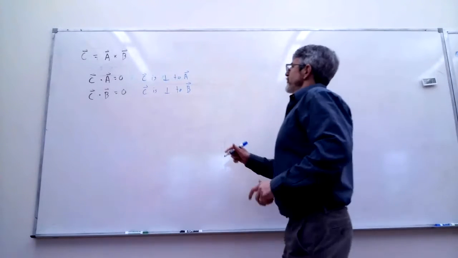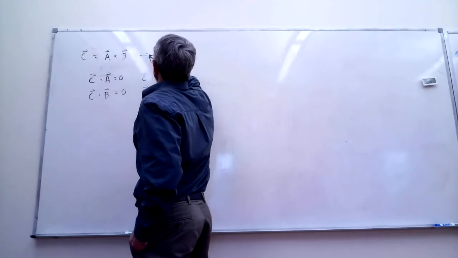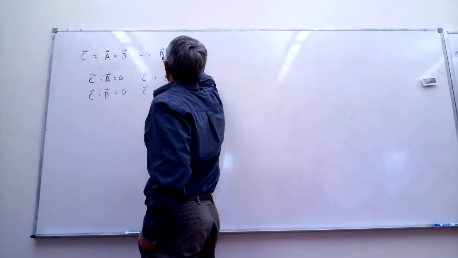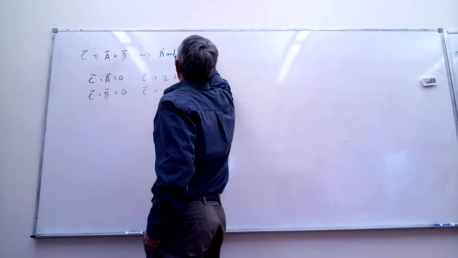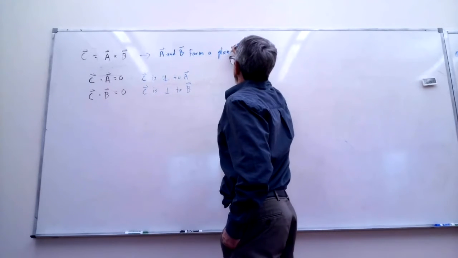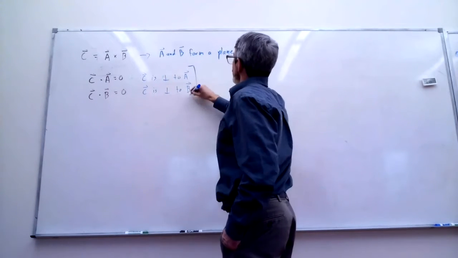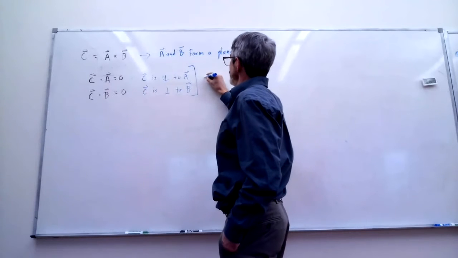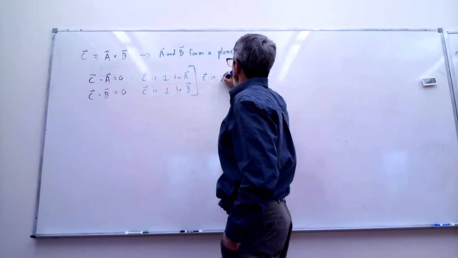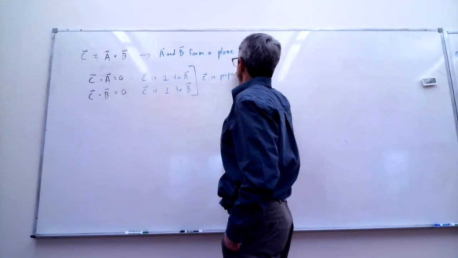Well, we determined that this means that A and B form a plane. When you put these two things together, this means that C is perpendicular to the plane.